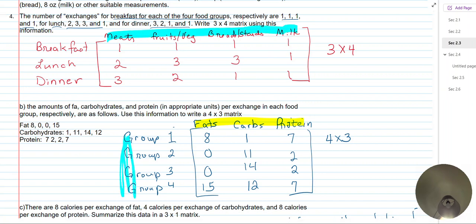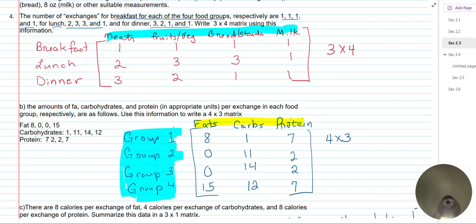So this connection is going to be very important as we get to solving complex matrices for multiplication. And so it's very important that we see the groupings for what they are. Here it was content that was the categories.